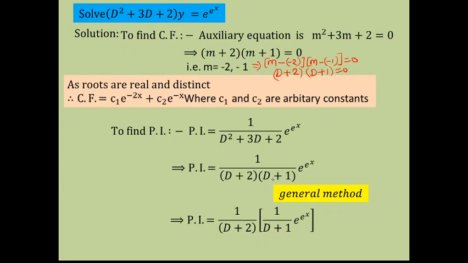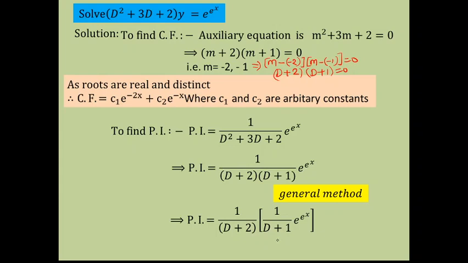Let's say I am applying 1 upon d plus 1 over here, right? I have put this in the bracket as an indication that this is going to be operated. Operating this means just making use of the formula 1 upon d minus m or d plus m. Here it is in the form d plus m.